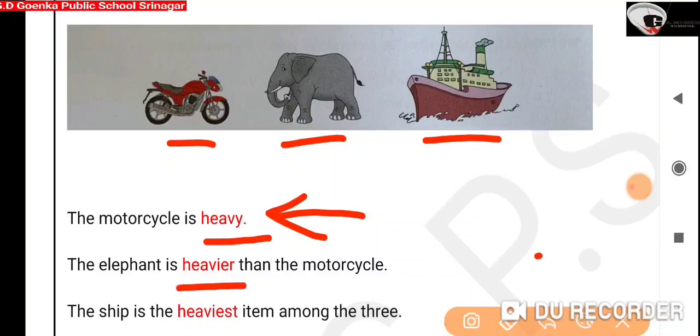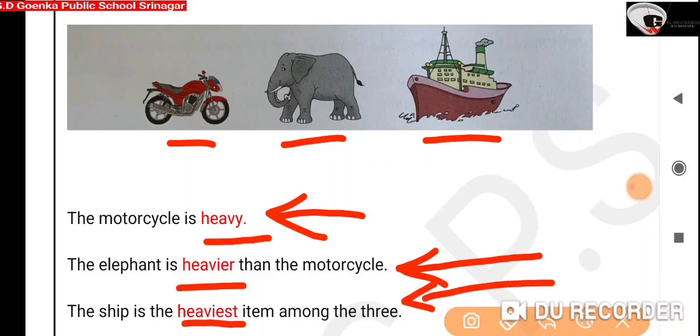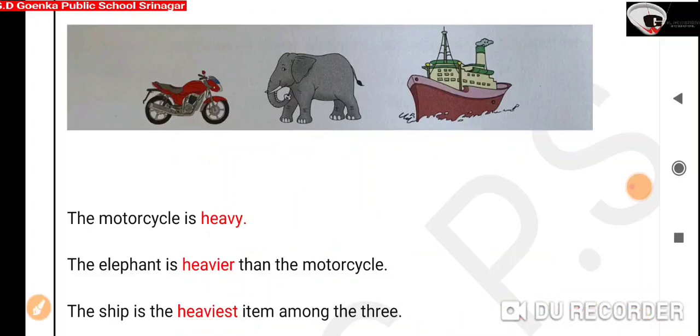Because of the comparison of two things, we are using comparative degree. And the last sentence is, the ship is the heaviest item among the three. Here we're using superlative degree because comparison is taking place between more than two things. So this is how comparison is done.